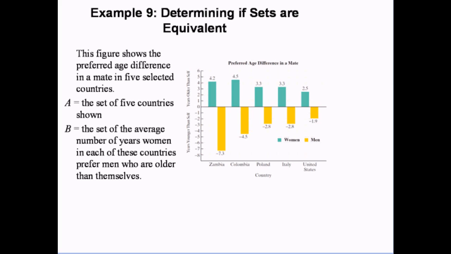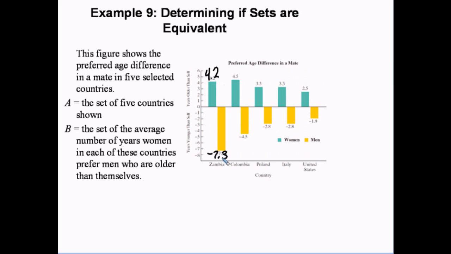The green bars on the top are women, which age difference they like, and the yellow bars are men, which age difference they like. And so this is years older and this is years younger. Okay, so women like guys in Zambia that are 4.2 years older than them, but guys like girls that are 7.3 years younger.